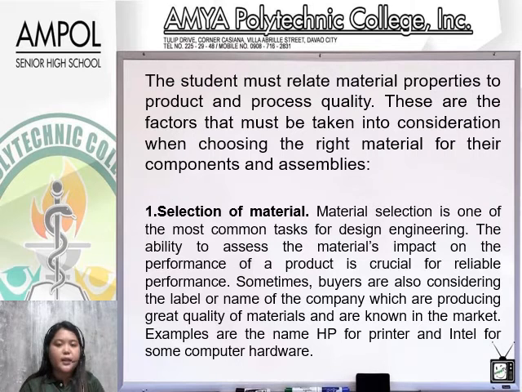Examples of it are the HP printers, which are used for some computer hardware. So when selecting materials, it's not because it's cheap or it's expensive, but you have to look at the quality of the product. All right, that is the selection of material.